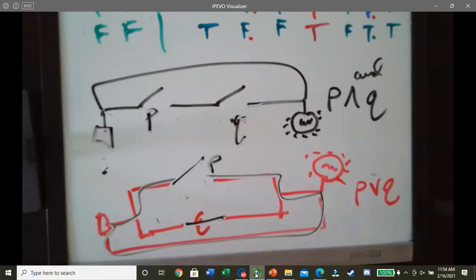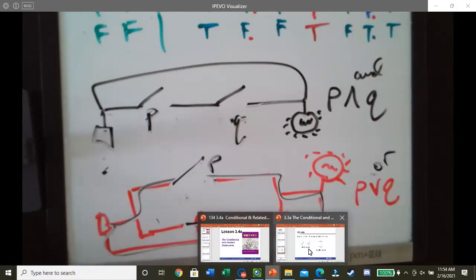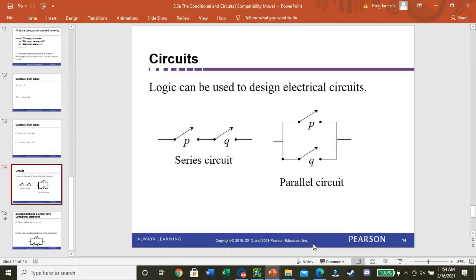So that's or. These are known as parallel circuits. So parallel is the same as or, series circuits is the same as and. Questions with that?